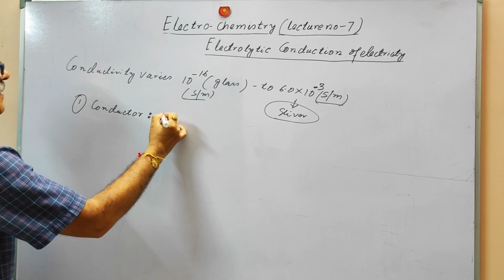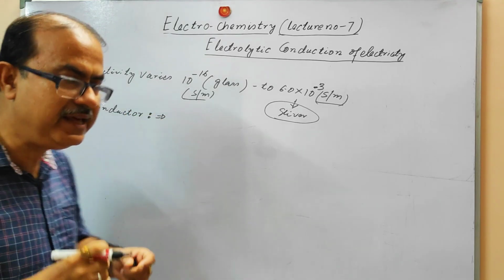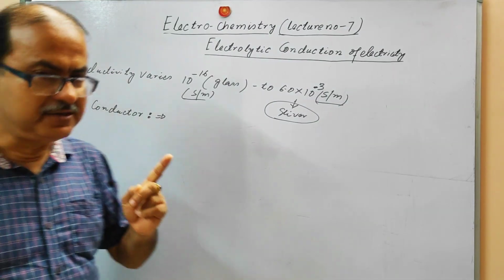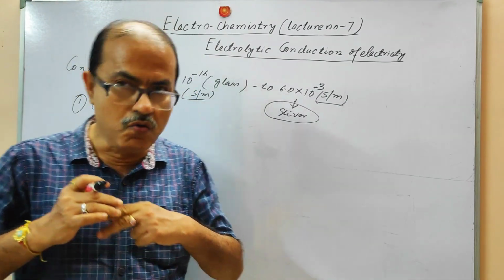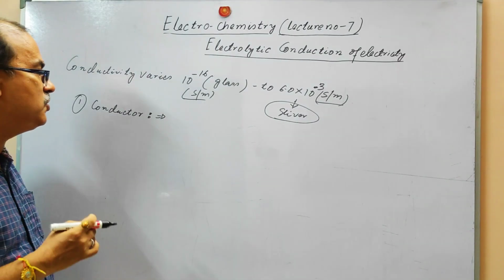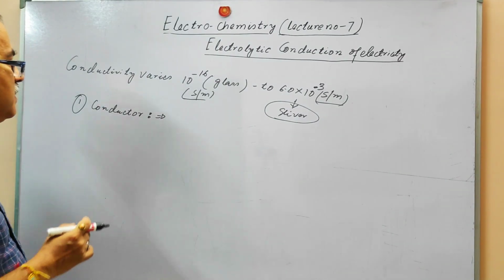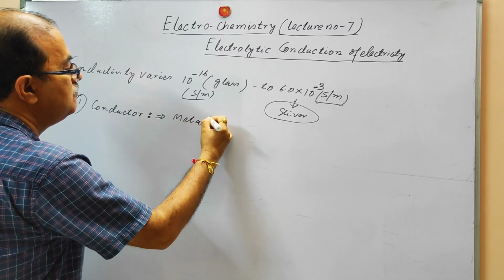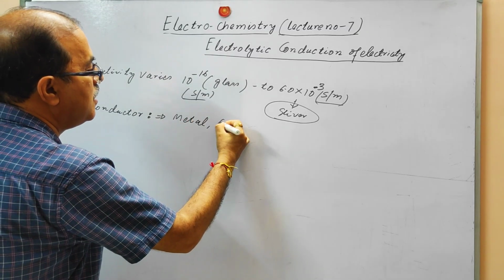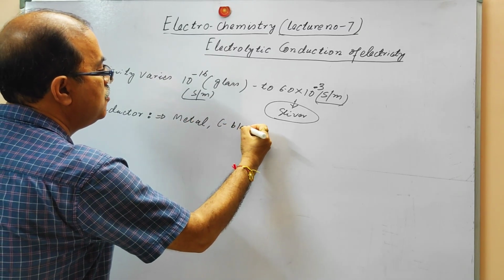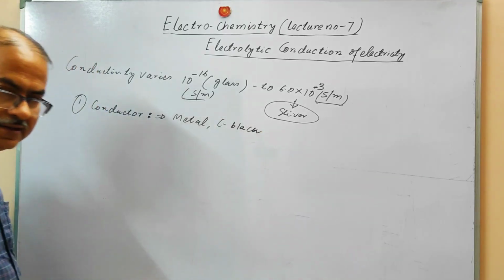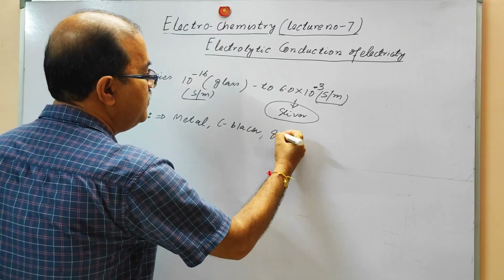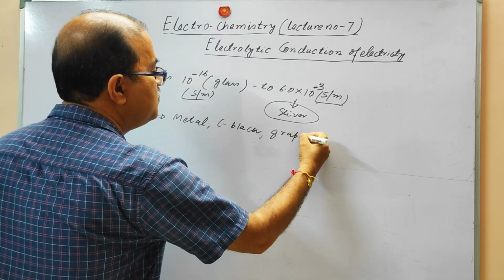Conductor, we know, is that substance which allows electricity to flow through itself. Conductors are metals, or carbon black, graphite, or sometimes polymers.